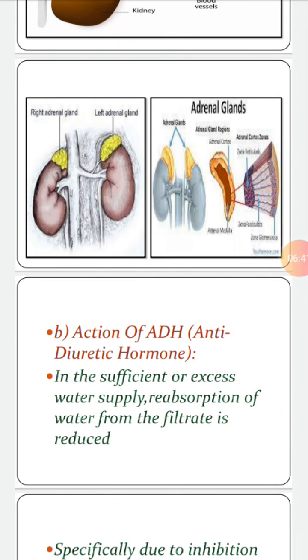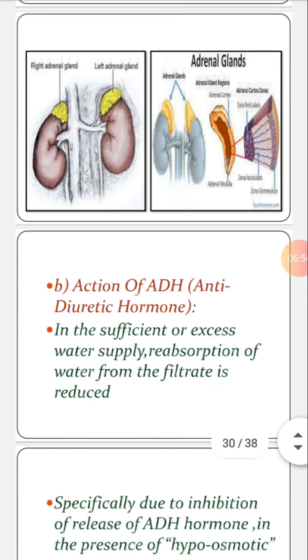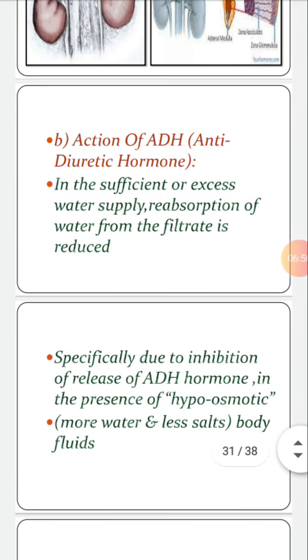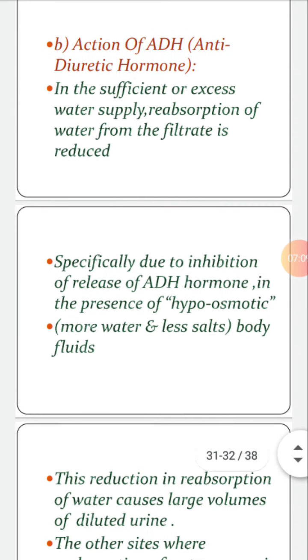Action of ADH. Full form of ADH hormone is antidiuretic hormone. What is its role? In sufficient or excess water supply, reabsorption of water from the filtrate is reduced as water is available, specifically due to inhibition of release of antidiuretic hormone in the presence of hypoosmotic body fluids. Now what does it mean? More water, less salts in body fluid.